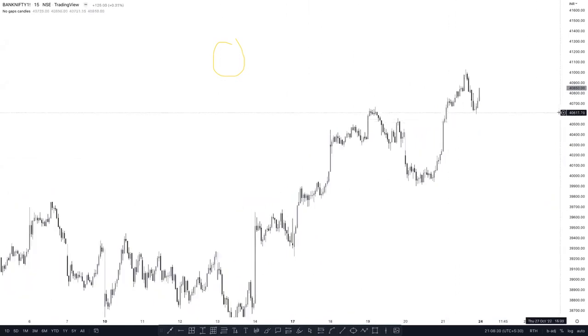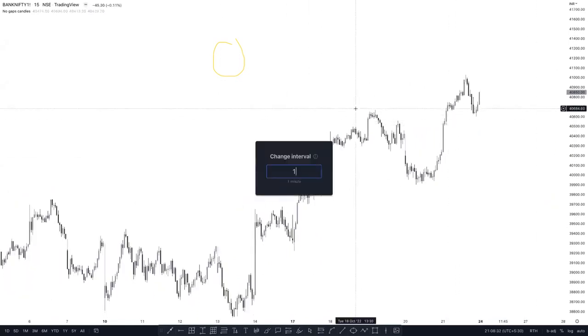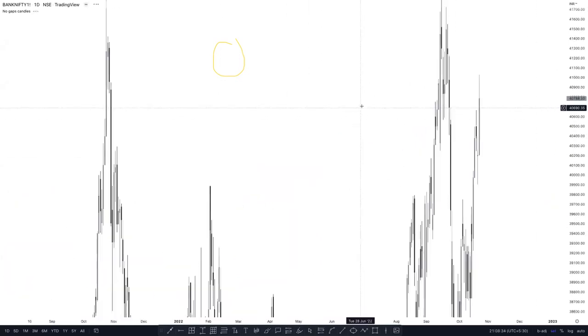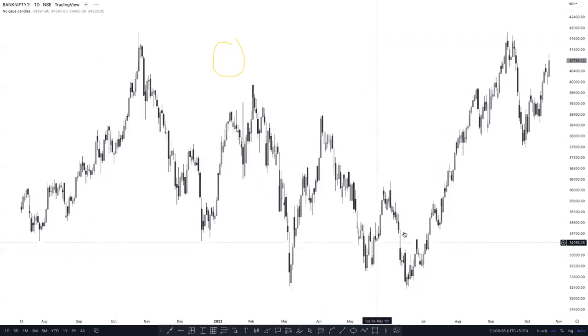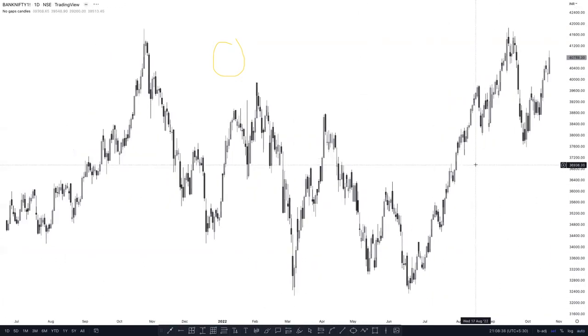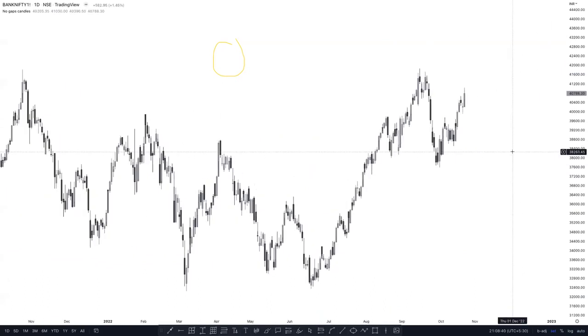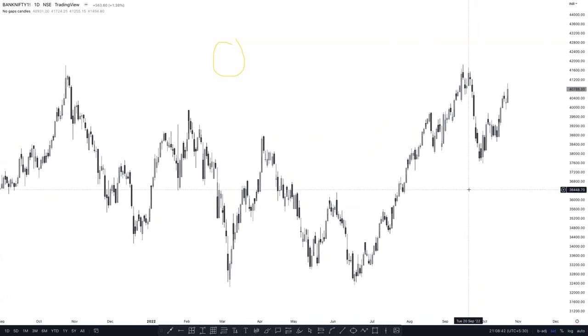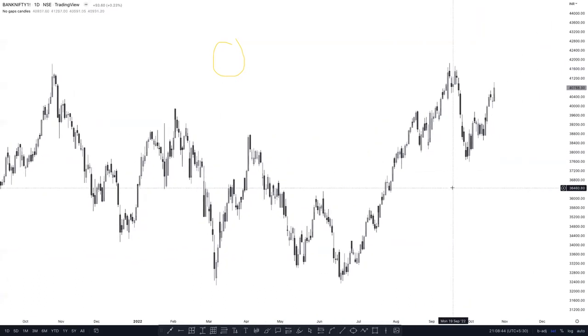Now let me show you exactly in a daily time frame structure. Then we can switch into a lower time frame. So right now we can see here market momentum is bearish. So which point can we expect for the sell in this case? Everyone mark the correct area for the sell.